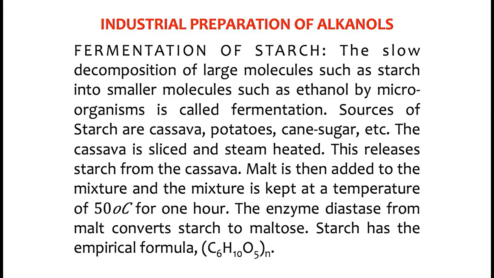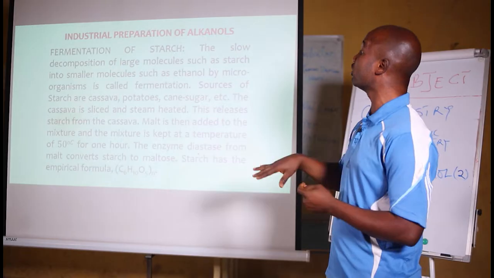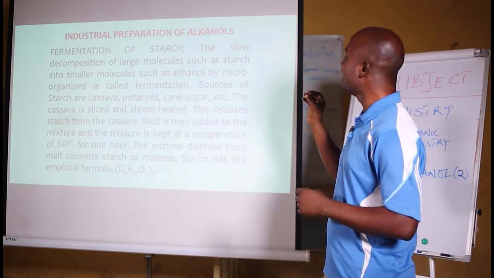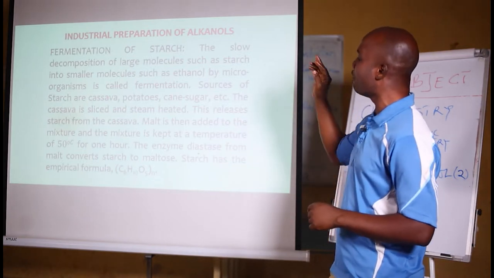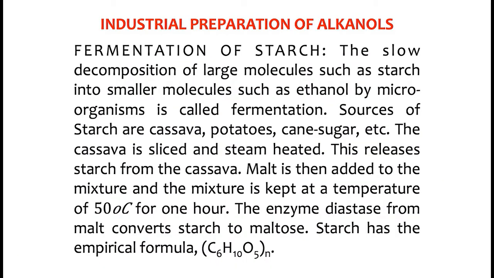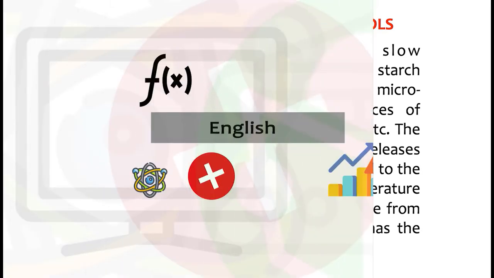First of all, you will steam it with supersaturated steam such that starch will be extracted from the material. Then you treat it with malt, and malt will release an enzyme known as diastase. And the diastase will convert the starch to maltose. And this maltose is the one that we will continue with in the next process.